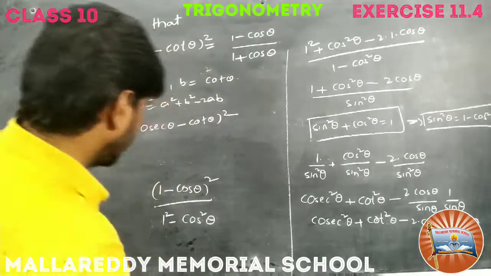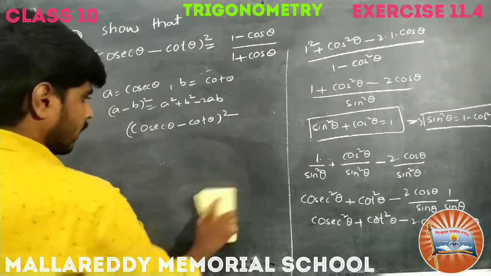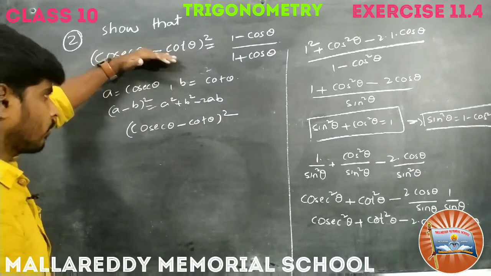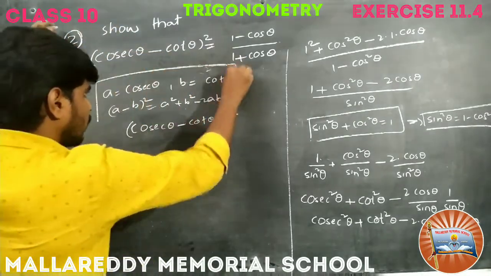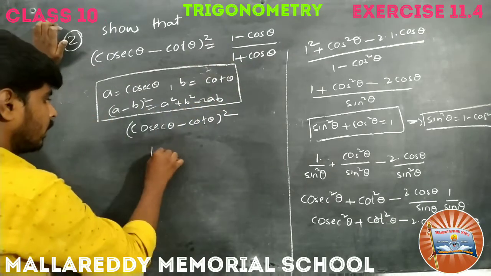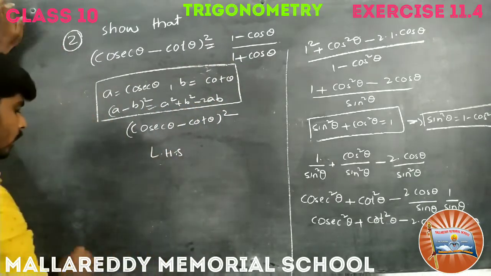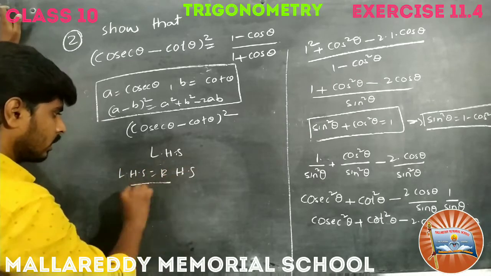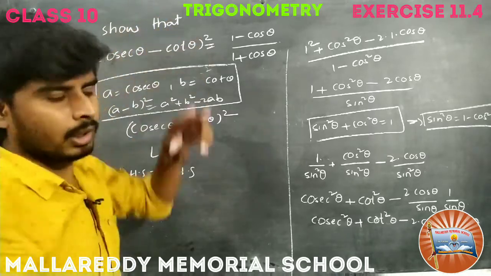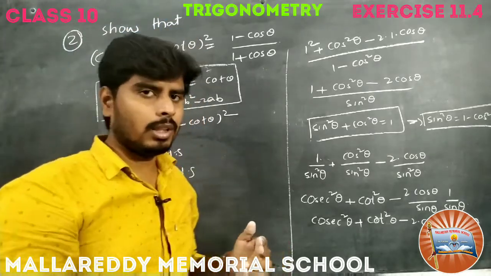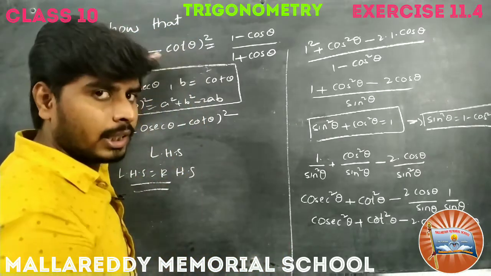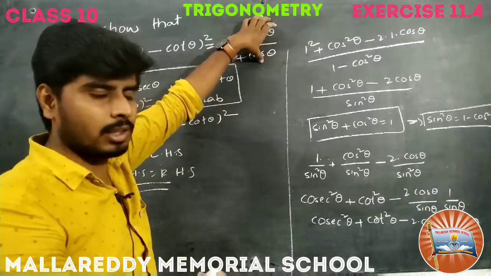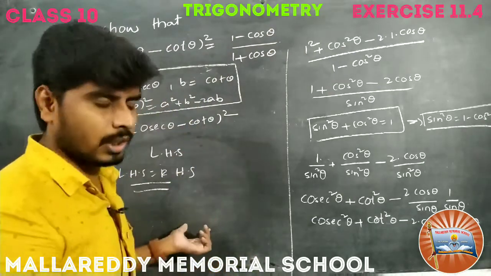Is it becoming like this? Yes. So now this is nothing but our LHS. So we got here LHS. So what can we conclude? LHS is equal to RHS. Here the problem I have done in two methods. First of all, I proved this by taking LHS and we got RHS here, and second I took RHS and we got LHS here. Okay, right.